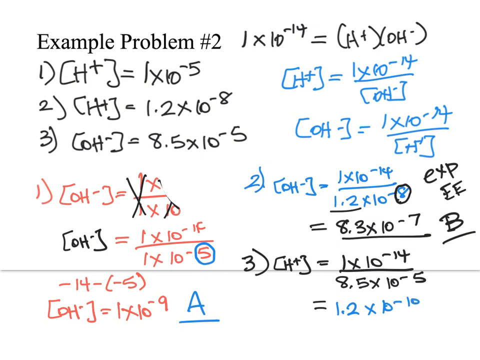And when I look at that exponent for hydronium, it's a 10, which is higher than 7, so this would be a basic solution. Next time we'll do a couple more calculations with hydronium and hydroxide, as well as go through all of the pH calculations.